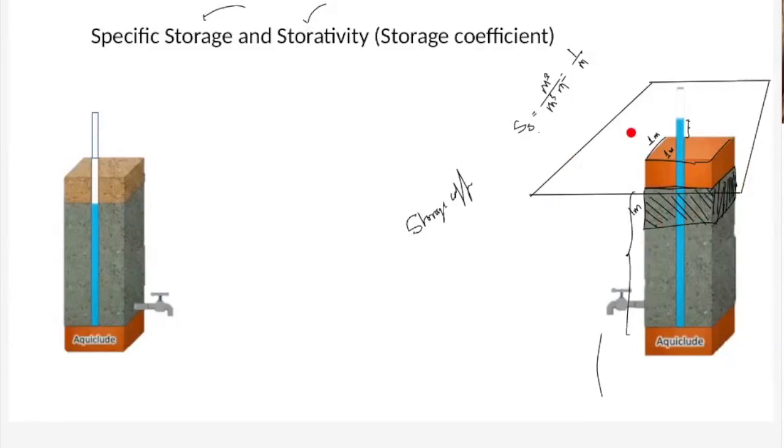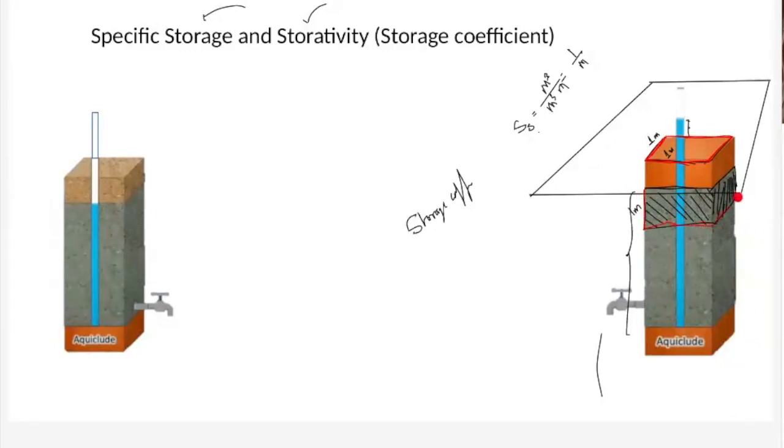आप ऊपर देख रहे हो. I am just taking 1 meter square area of this aquifer. Is this clear? I am just taking 1 meter square area of this aquifer. Below this, I am taking only 1 meter depth.